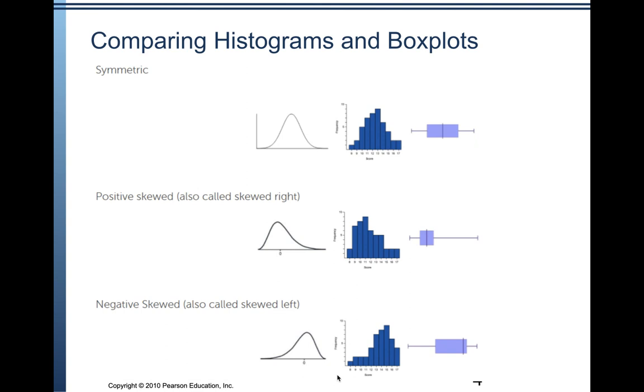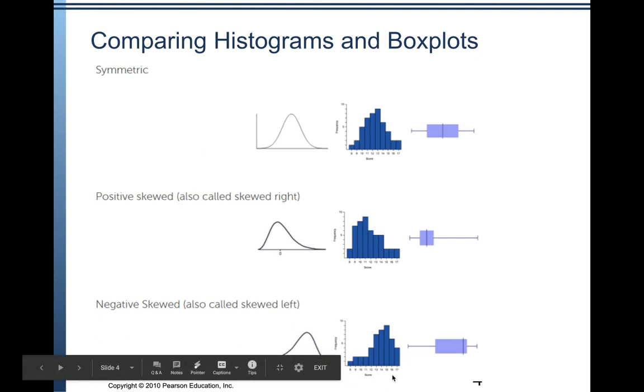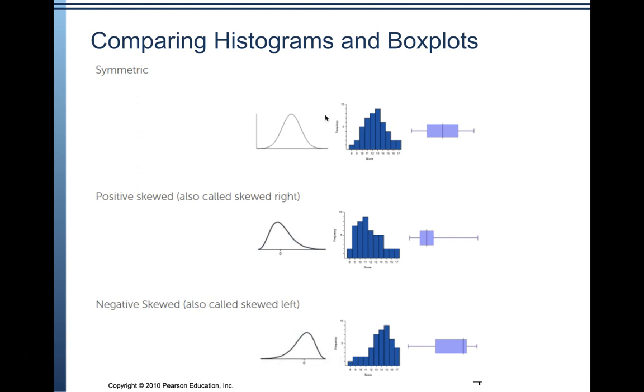Now, how do we compare histograms and box plots? Because they are two very different displays. If a set of data is symmetric, so here we have a histogram that is not perfectly symmetric, but is roughly pretty darn close to symmetric, notice each part of the box plot is roughly the same length.